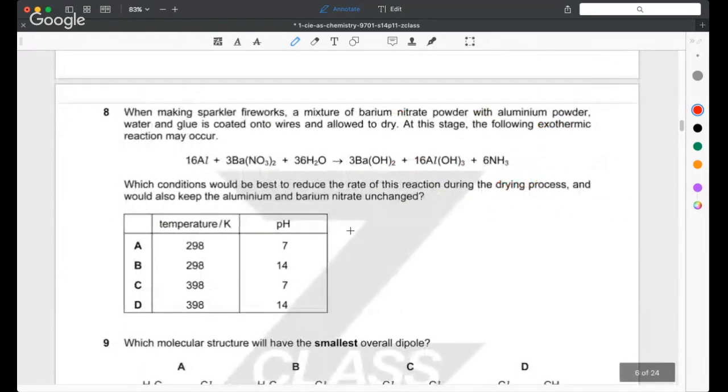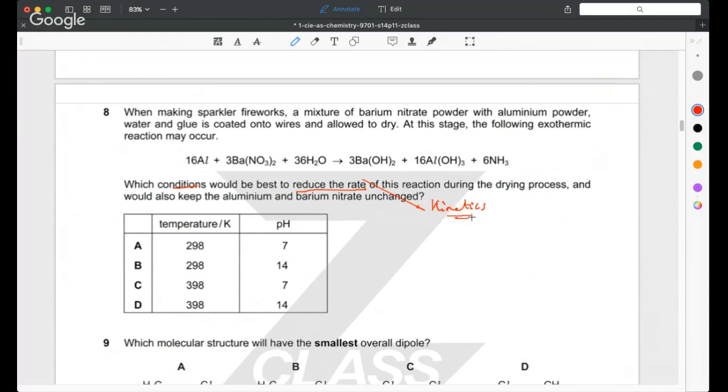Right, so this one is interesting. So you've got this reaction here, and it says which conditions would reduce the rate. So this is a question about kinetics, rates of reaction.